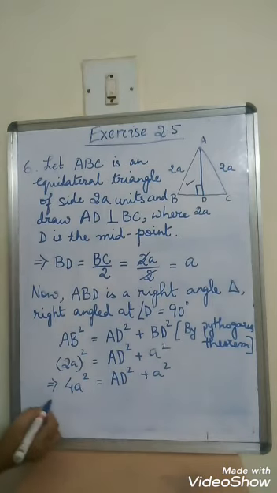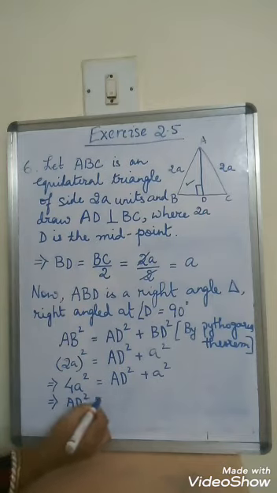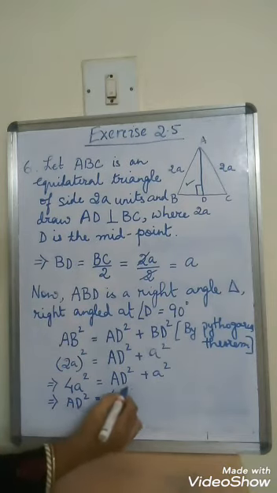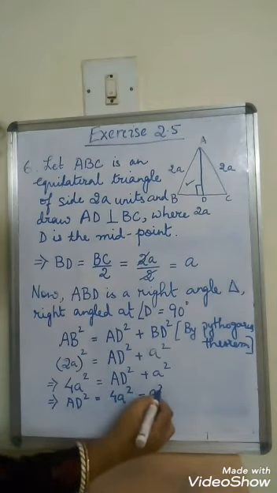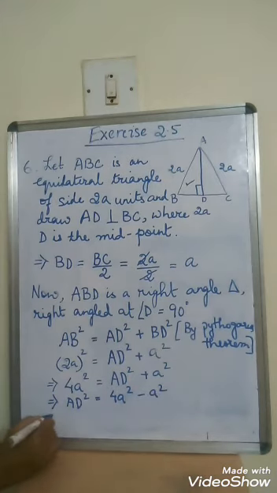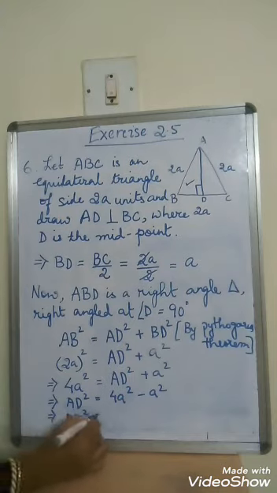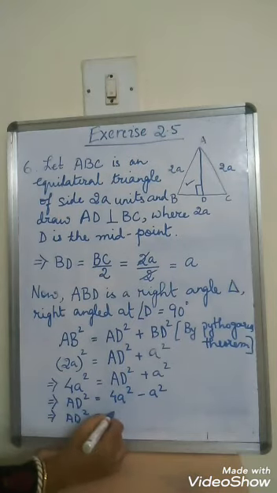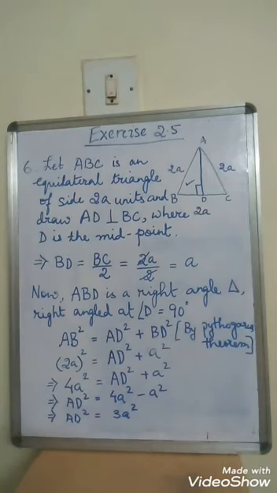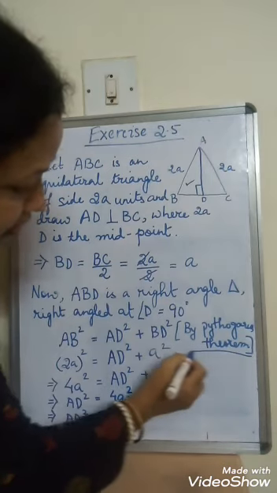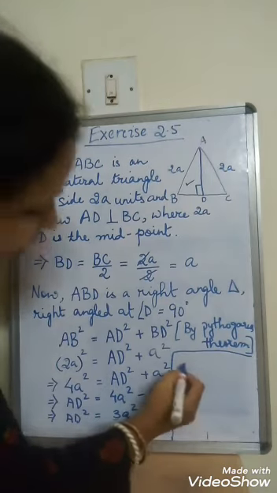So when we take AD square here, how much will it be? 4A square minus A square. So what is the answer? The answer is AD square is equal to how much? 3A square, right? So now what will be AD?